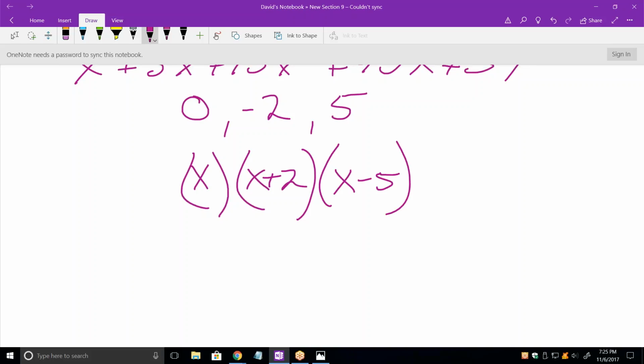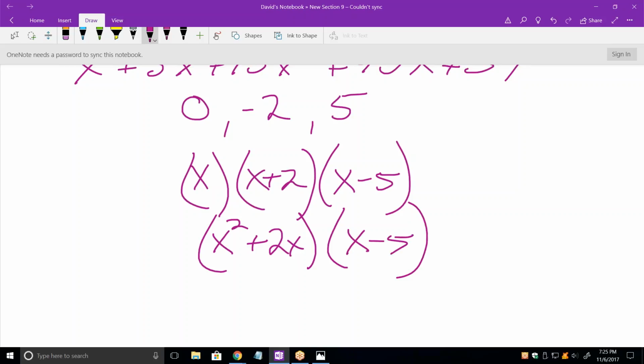I do these in whatever order you want. I'm not sure that one is superior to another. So it'd just be x squared plus 2x and then times x minus 5. I would definitely do it in 2 steps. I definitely wouldn't try to do the whole thing in 1 step. What do you get here?